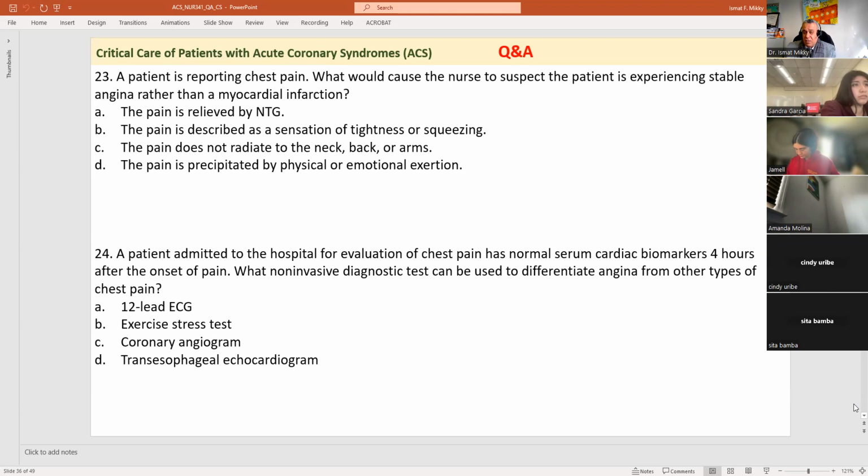The anginal pain is usually relieved by rest or sublingual nitroglycerin, right? Which reduces the oxygen demand of the heart. The acute MI, it doesn't. It's a whole different scenario.